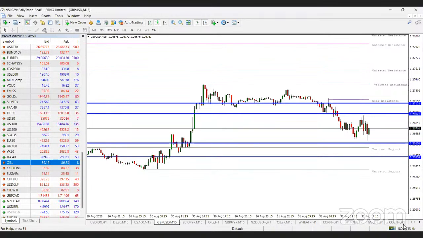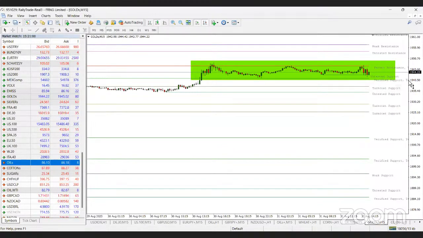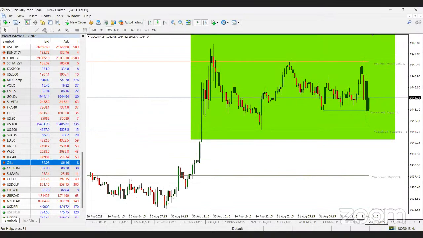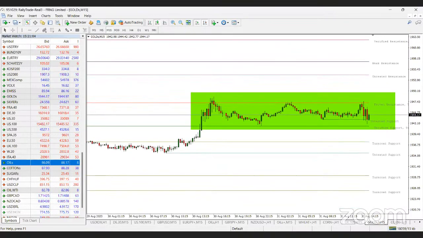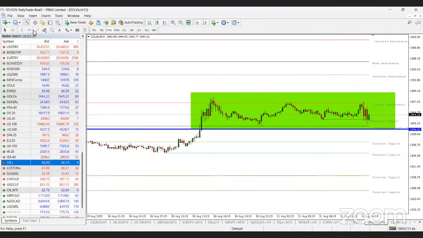Let's go to US 30, or let's look at gold. For gold, we already marked a particular zone that we expect to actually trade on once this thing happens. So this is what I am expecting for gold. Good.